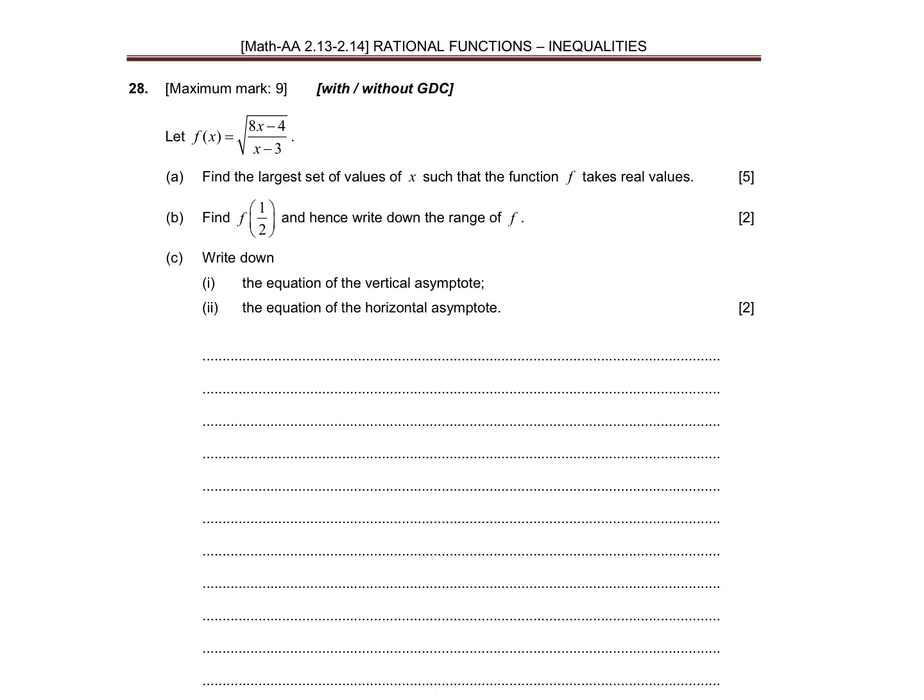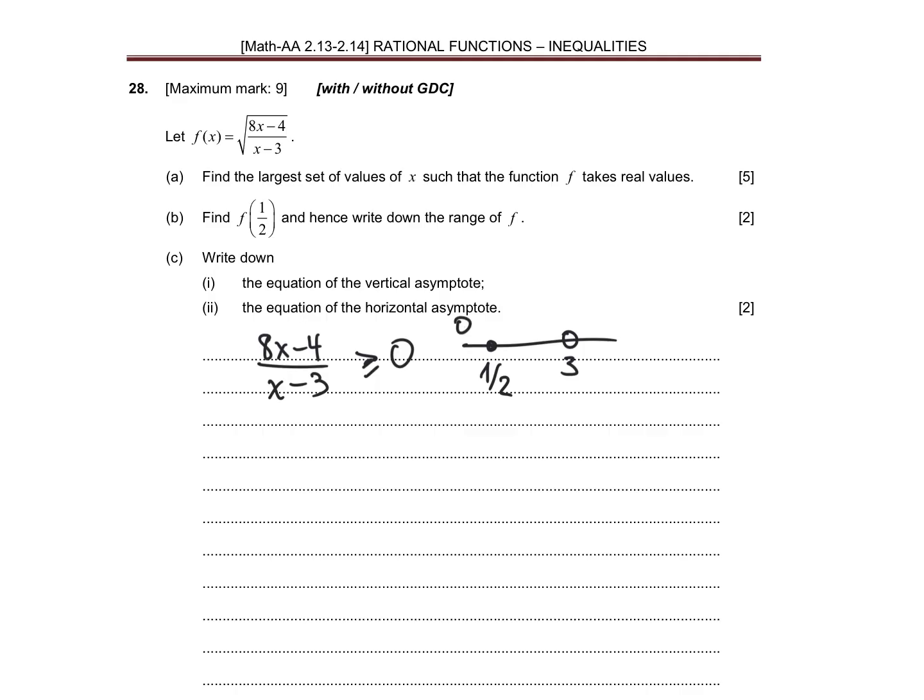All right, this one, find the largest set of values of x such that the function f takes real value. So that means we need what's under the square root to be greater than or equal to 0. Otherwise, it's going to take on complex values. So our zeros are at 3, and it can't be 3, and 1/2, which it can be 1/2 when we set the numerator equal to 0.